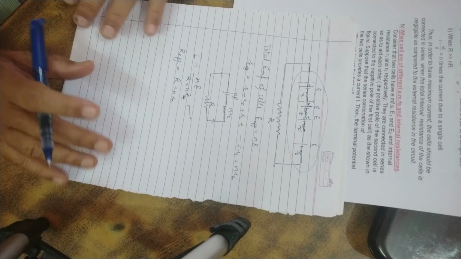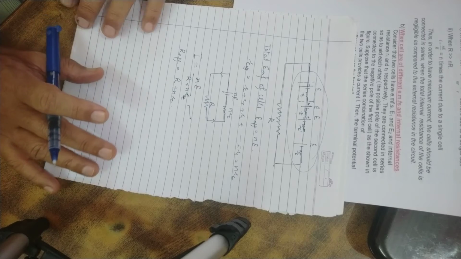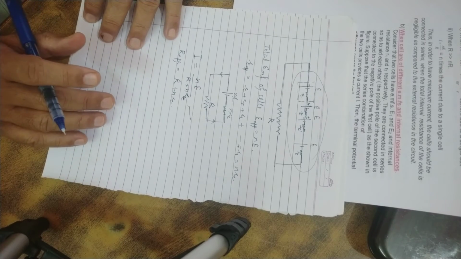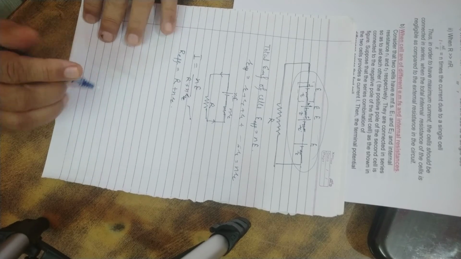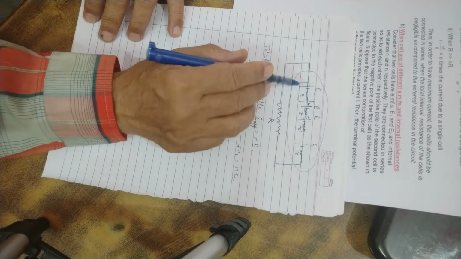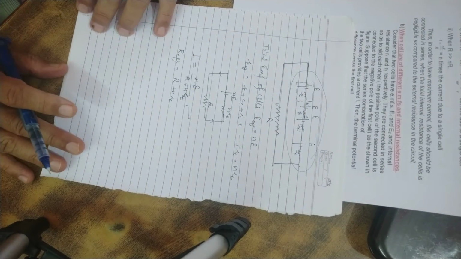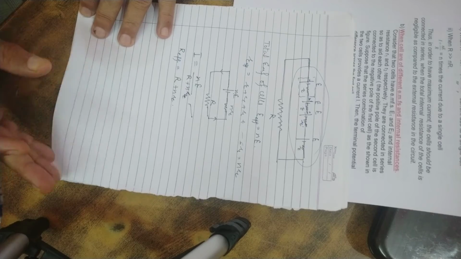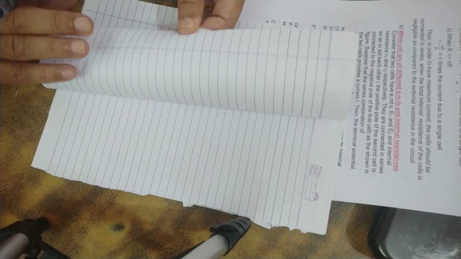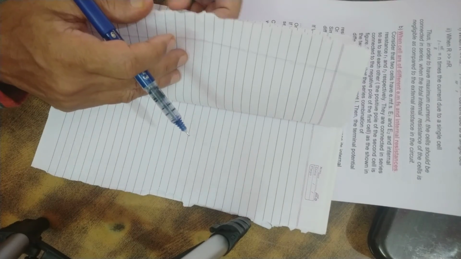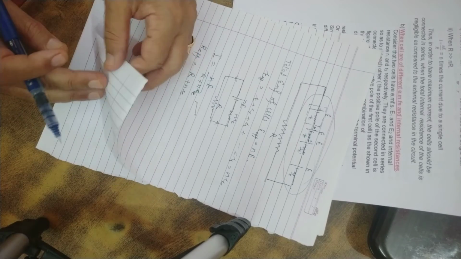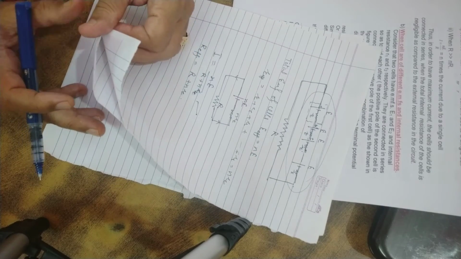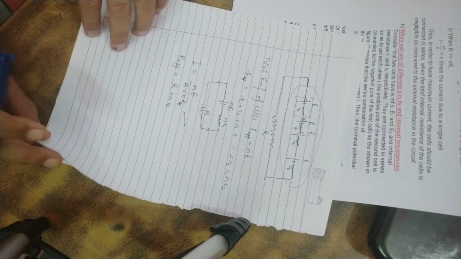Next is when cells of different EMFs and internal resistances are connected, that is, cells of different EMFs and internal resistances. ऐसे सेल जिनका EMF डिफरेंट हो और जिनकी इंटरनल रेजिस्टेंस भी डिफरेंट हो.